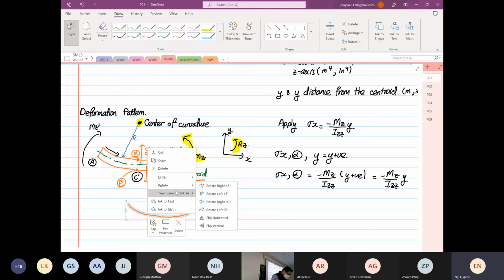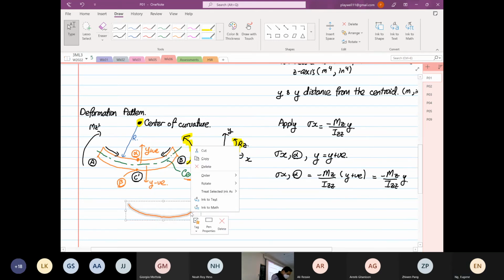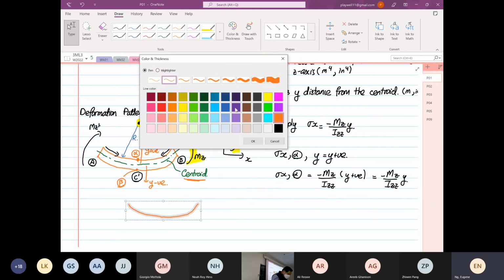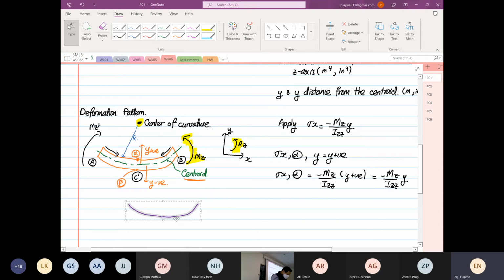So I will change the color so you can see better. If I change this to blue, this line I copied from the top, and when I move it to the bottom, the length is not enough. So at the top, it's going through compression.